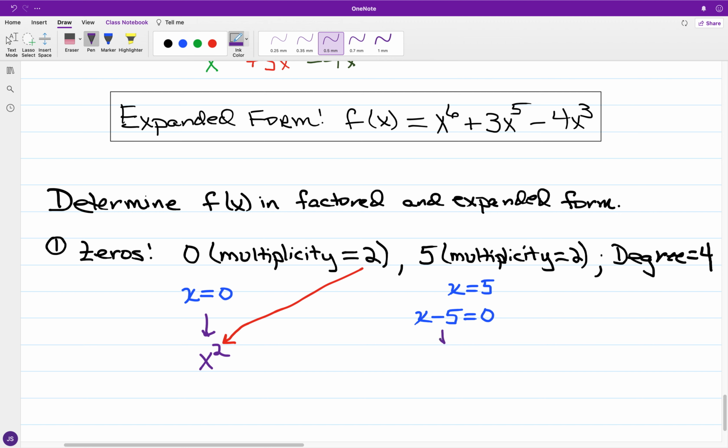Likewise, with 5 as a solution, now I have x minus 5. But again, since 5 has a multiplicity of 2, I have not just x minus 5, but x minus 5 raised to the second.